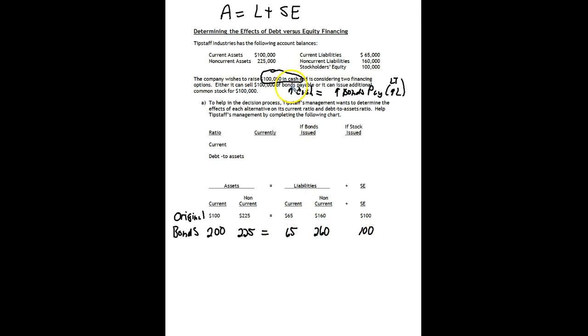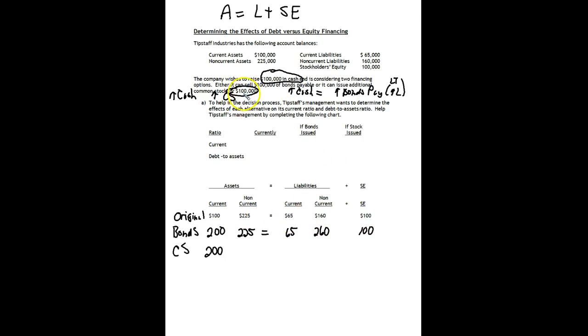Okay, and then the other possibility is to issue stock for 100,000. In that case, again, we would increase cash 100,000, and on the other side, common stock would go up 100 grand. So let's go down here. Again, the original data, if cash goes up 100,000, it'll grow to 200. And then, let's go over to stockholders' equity.